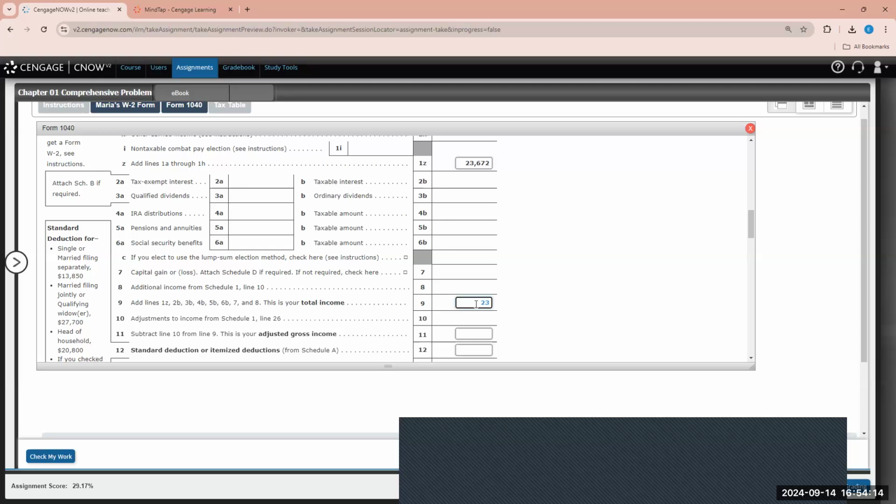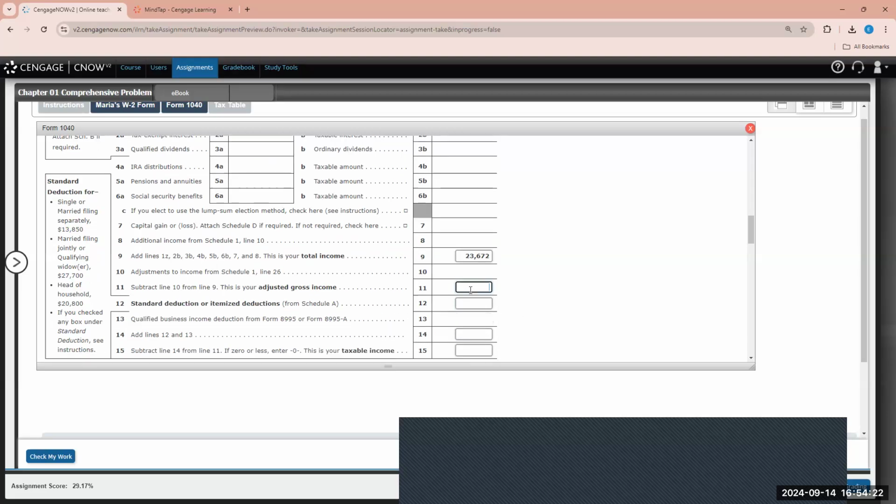So we add it: 23,672 plus 0 gives us $23,672. Line 10 says adjustments to income. Again, we have none, so $23,672 minus 0 is $23,672, right?